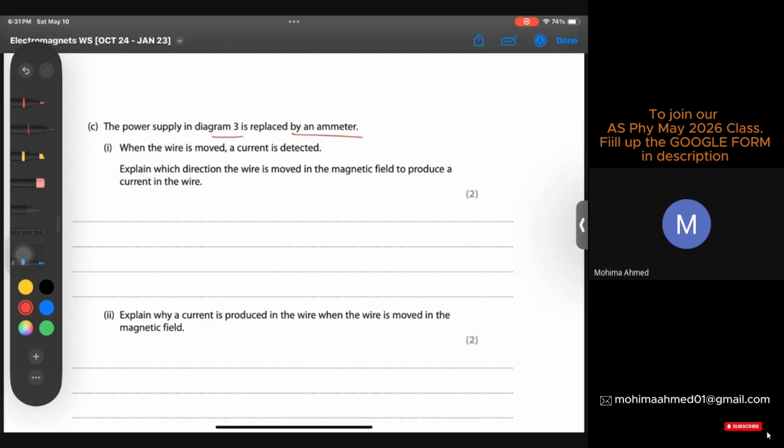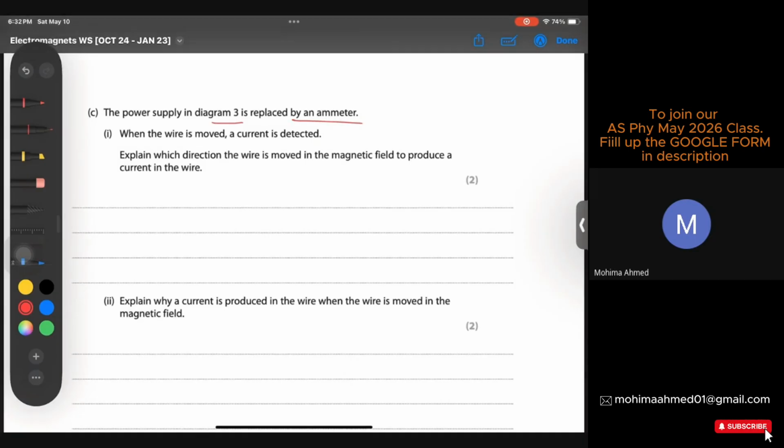It's just a wire. And whenever that wire moves, we still have the magnetic field lines of the permanent magnet, right? So whenever the wire itself is interacting with the magnetic field line, that also creates a flux linkage. And this flux linkage will induce a voltage in the wire. Voltage induction means obviously a current will be produced, right? So we just have to write this down.